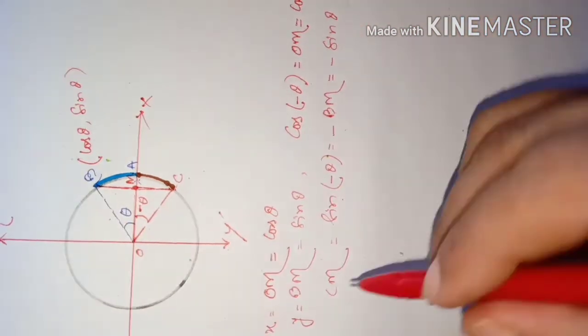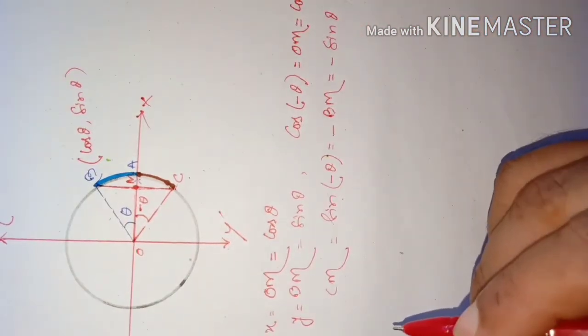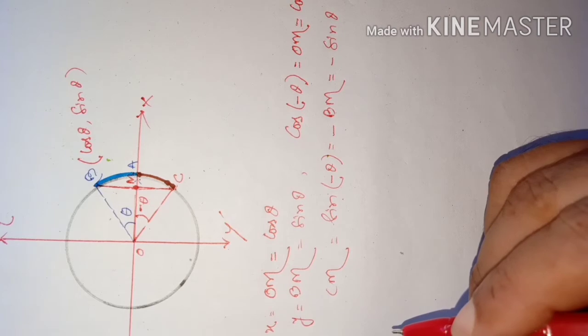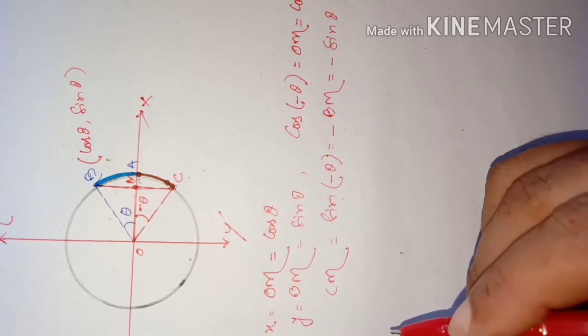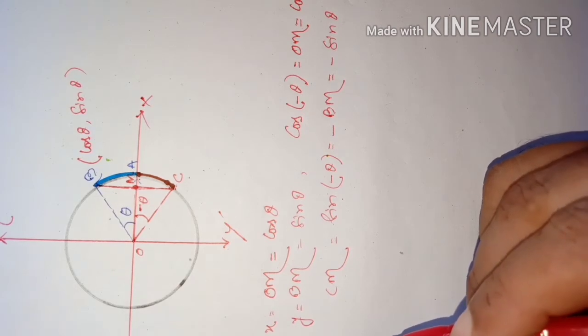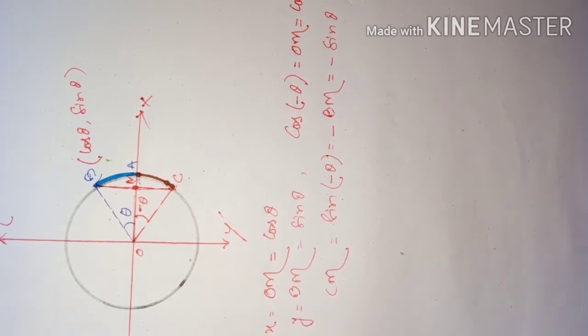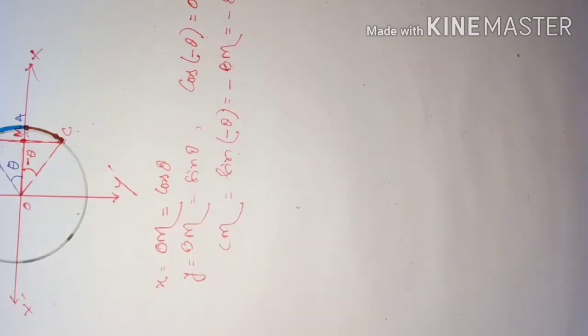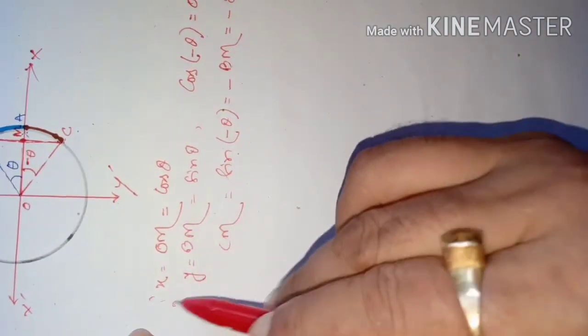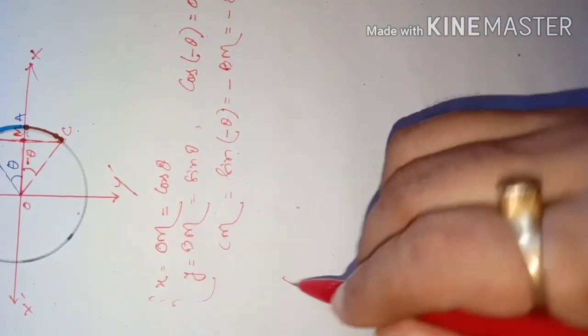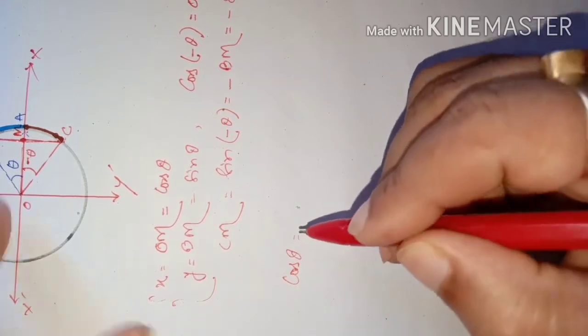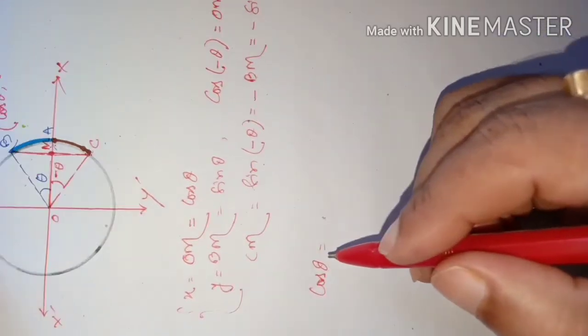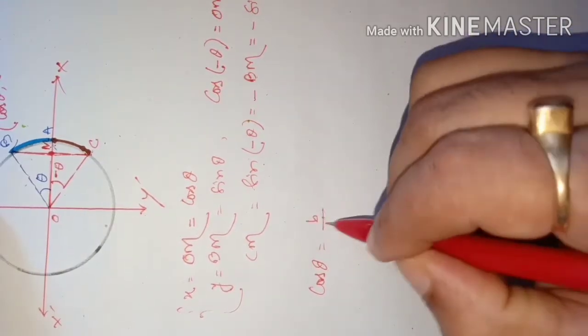See, here we have found out how these trigonometric functions change according to the angle. If it is a positive angle, then it will change this way. Once again, I am just showing you the derivation. Cos of theta is equal to base on hypotenuse.